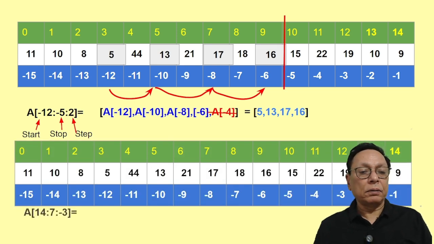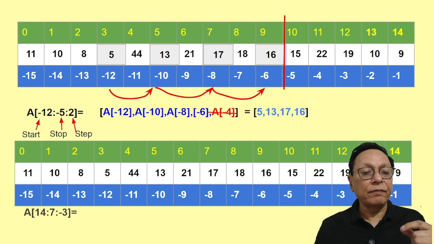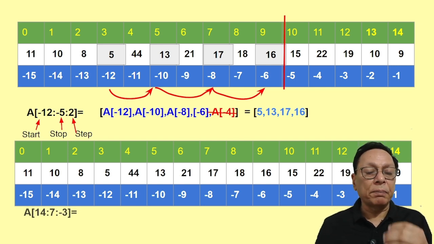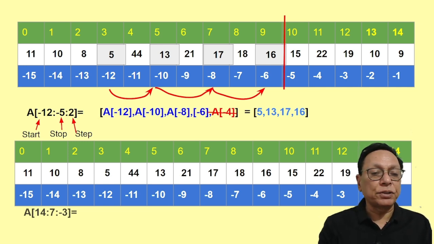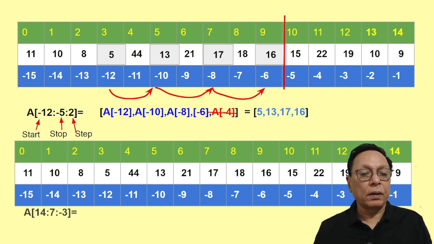Next example. Now the slice we are going to take is starting from 14, ending at 7, and the step is -3, that is we are moving right to left. -3 means right to left.